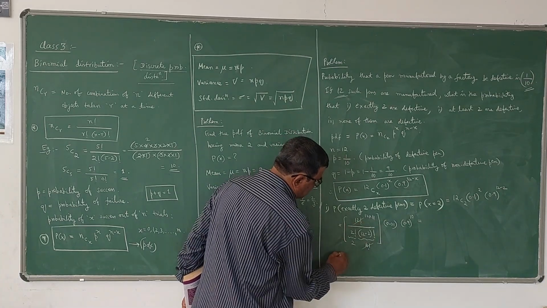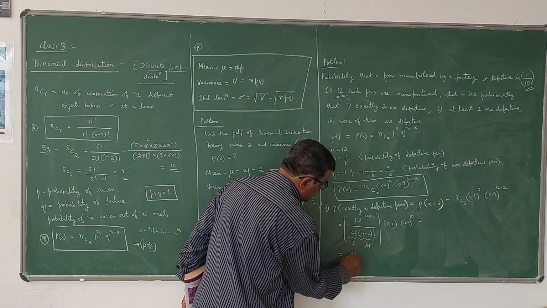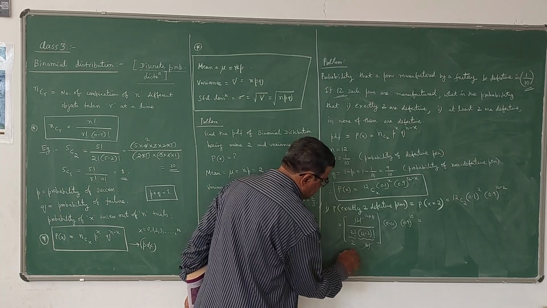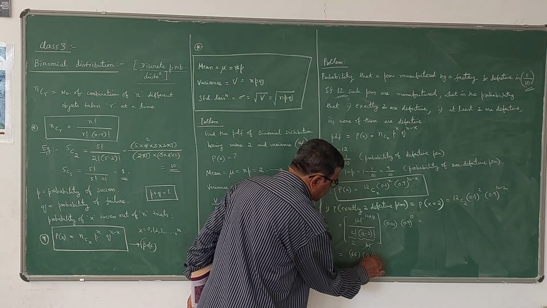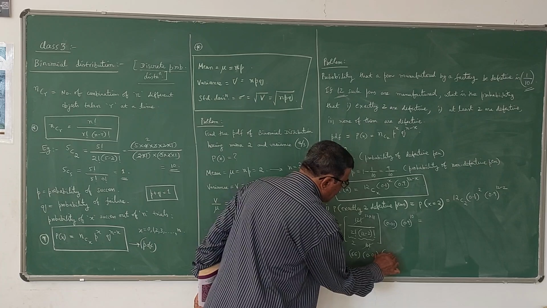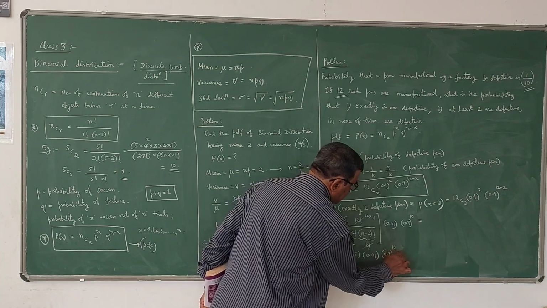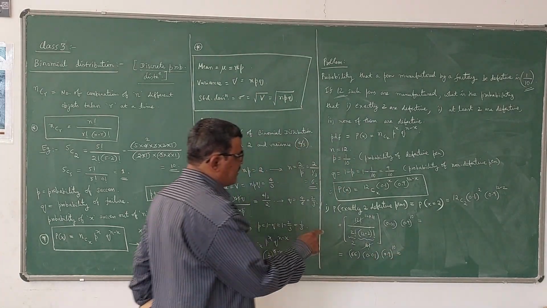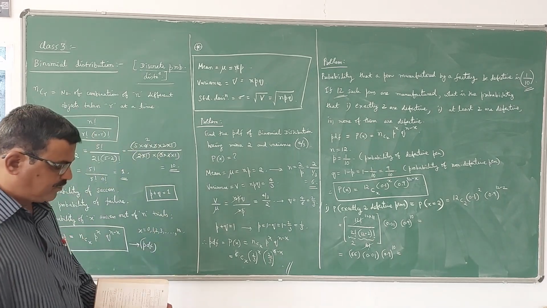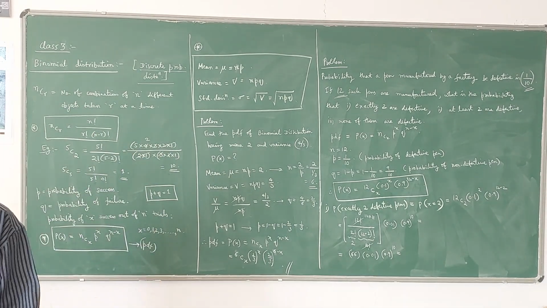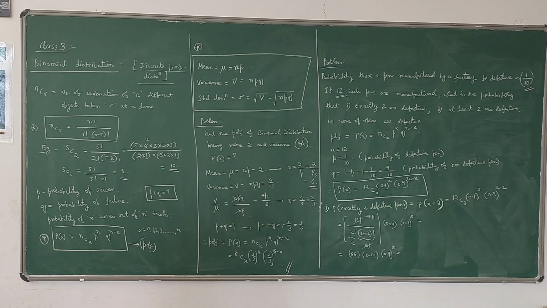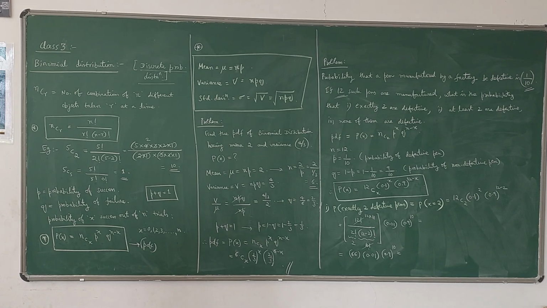So 12 into 11 is 132. 132 divided by 2 is 66. So 66 into 0.01 into 0.9 to the power of 10. So this is the answer. That is the answer. Exactly 2 defective.